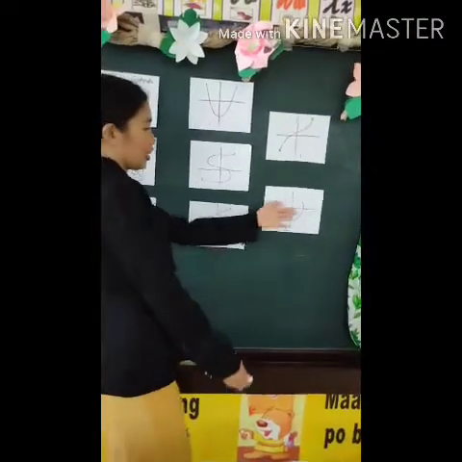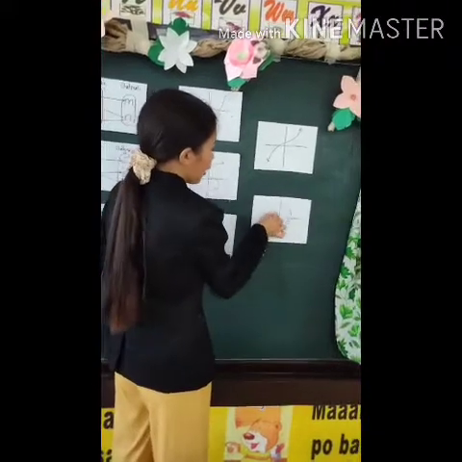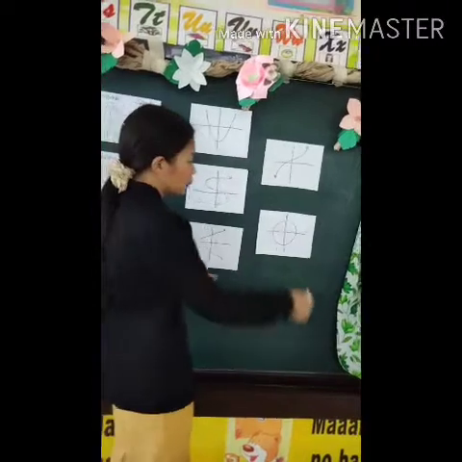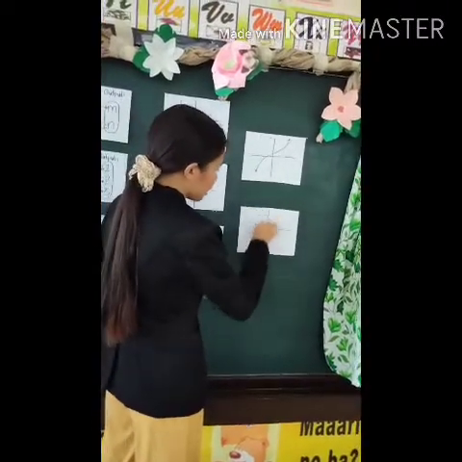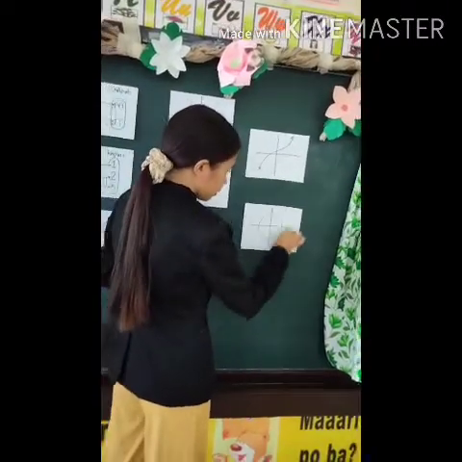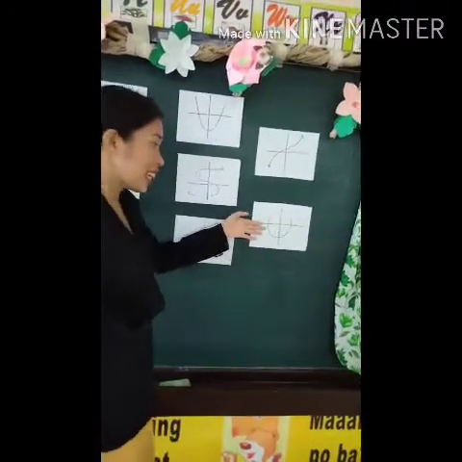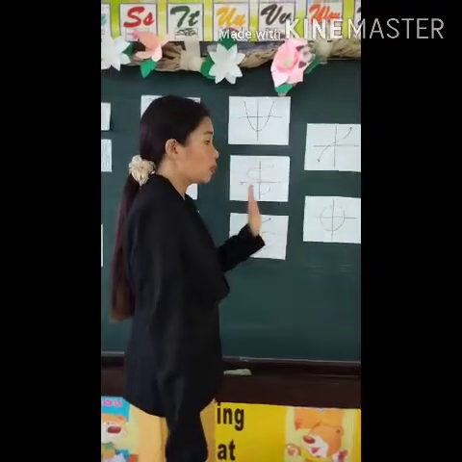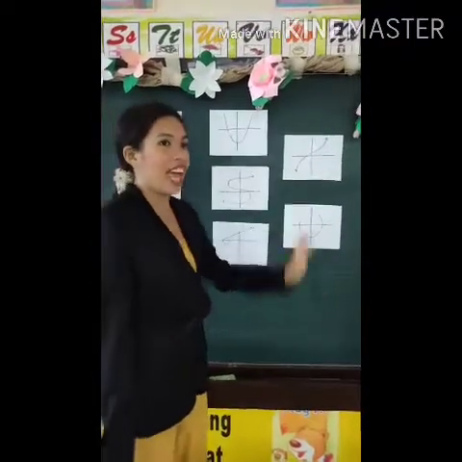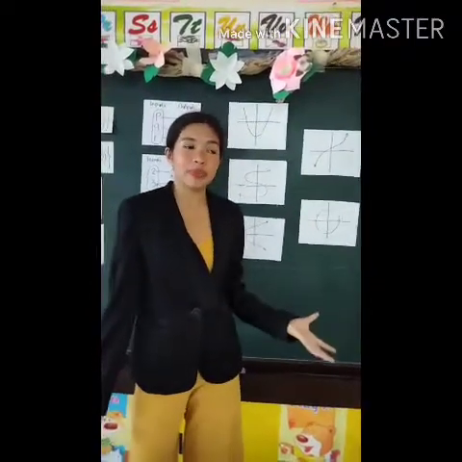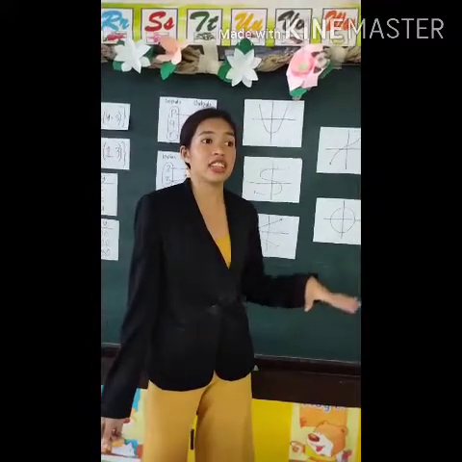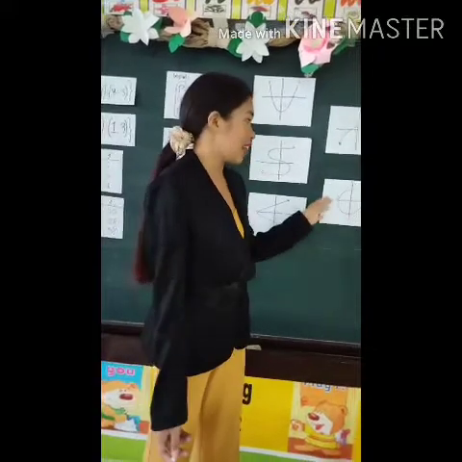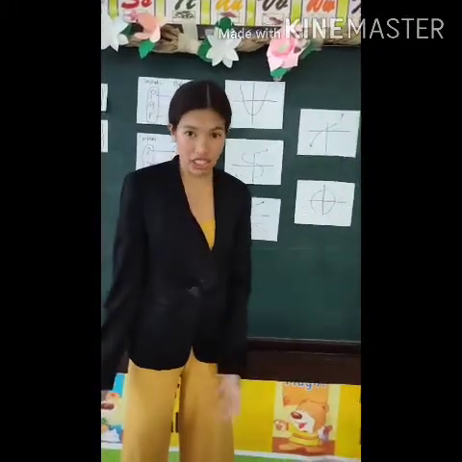And lastly here, the graph looks like a circle. So do the vertical line test. As you can see, the vertical line crosses the relation twice. So this is not a function. And as I've said earlier, circles and squares and other closed-shaped lines are not functions.